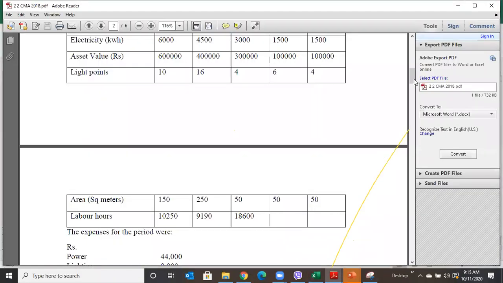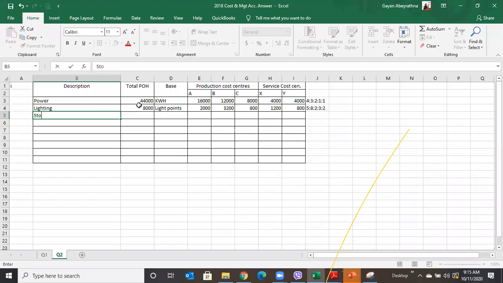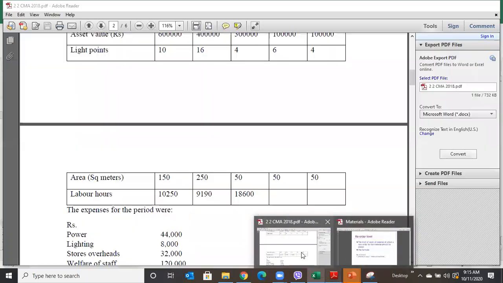Stores overhead. Stores overhead 32,000. What should be the base?